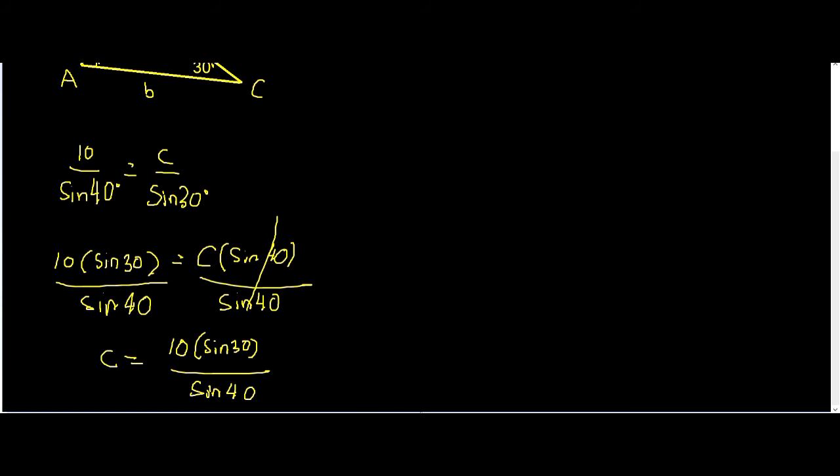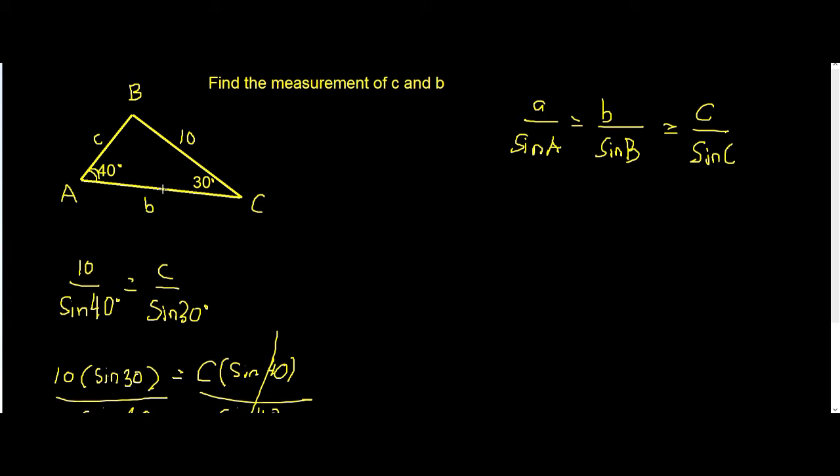So again, input that on your calculator. Your answer will be, you have now 7.78. Now, how about your B? Paano mo kukunin yung B? Since hindi present yung angle ng B dito, we need to get the angle or the sine B. Remember, ang total measurement ng isang buong triangle is 180 degrees.